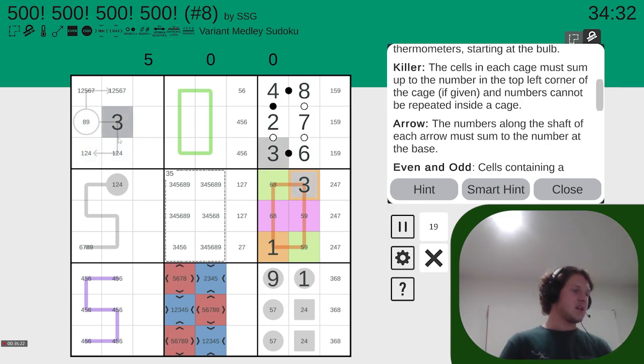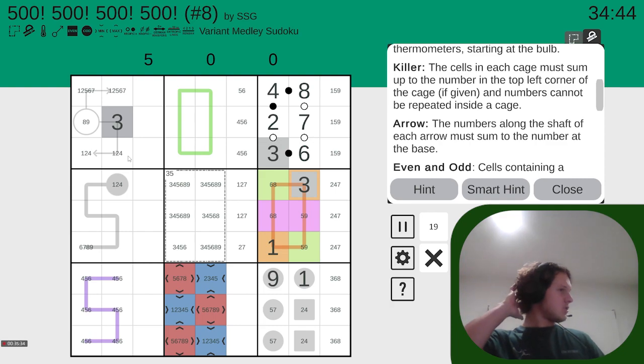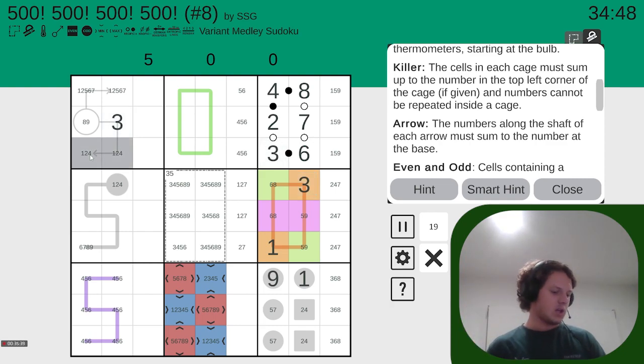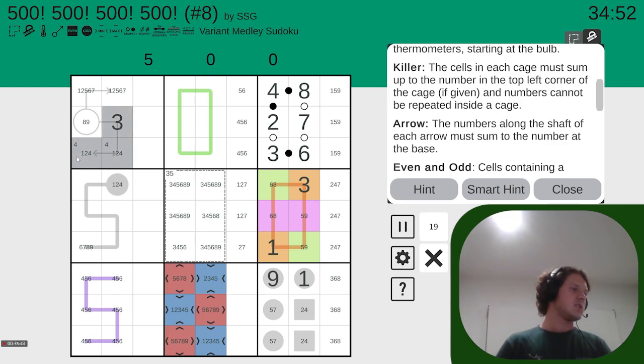And to get this to sum to 8 or 9, we can't get this to 8. Because we need 2 odds, which is 3 and the 1, plus the 4 is 8. So we can get it to 8, actually. Huh. But we have to have the 4 down here. Yeah, this is where I was. We have to have the 4 down here. Which means this is either 8 or 9, where this is a 1 or a 2.